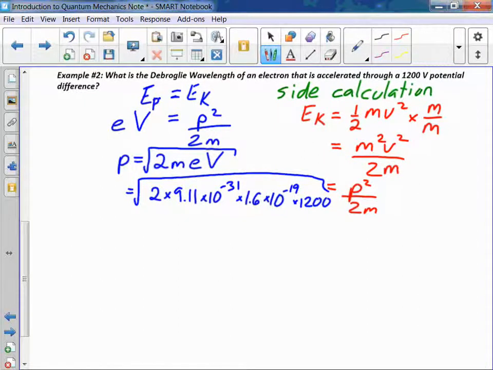Okay, the mass of the electron is a given, 9.11 times 10 to the negative 31 kilograms. Elementary charge 1.6 times 10 to the negative 19. The voltage is 1200 volts. Putting it all together, what do we get?